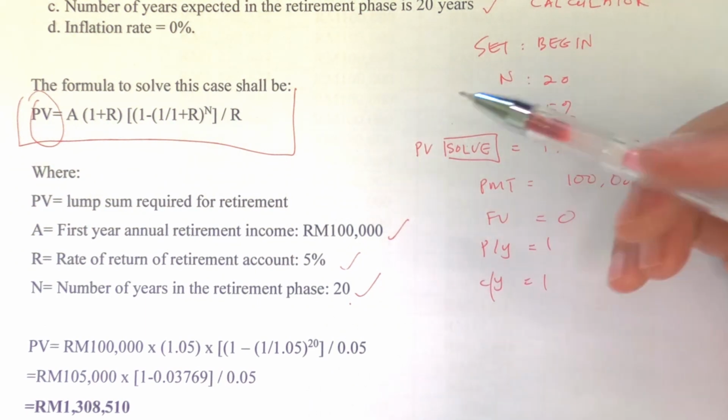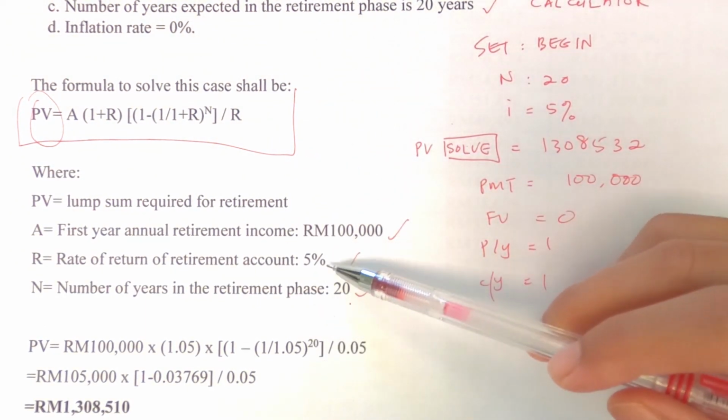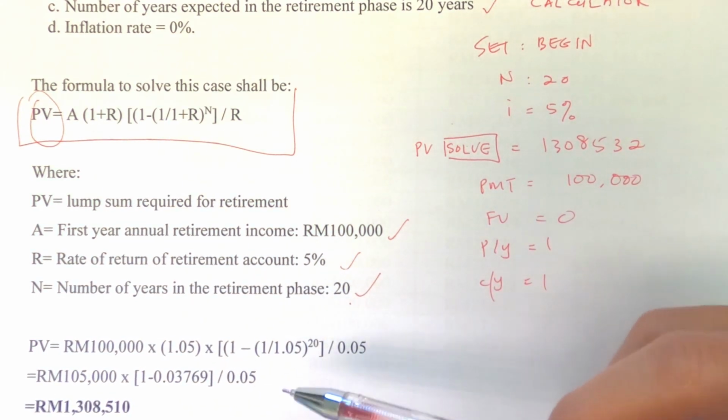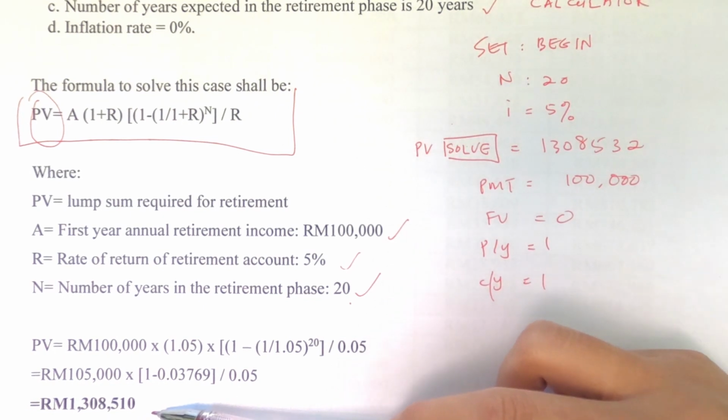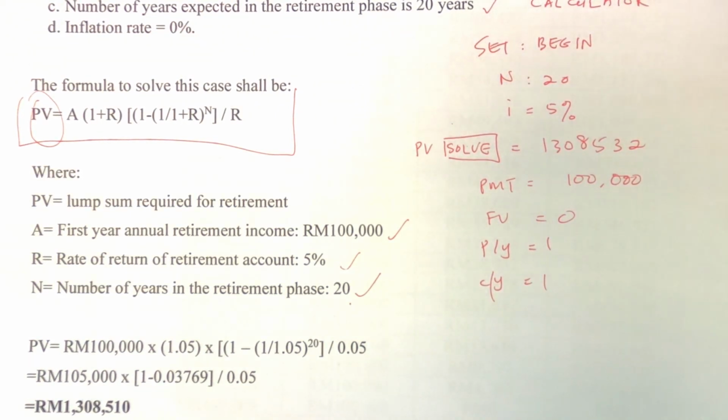Therefore, if we apply this formula and include all of these numbers, then we get 1308510.